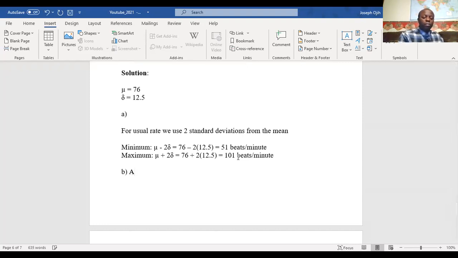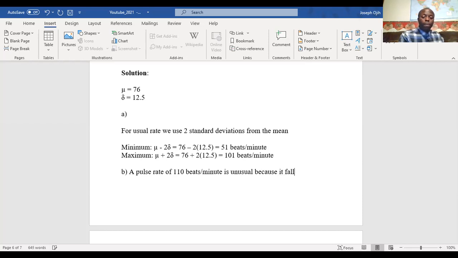A pulse rate of 110 beats a minute is unusual because it doesn't fall within the range.